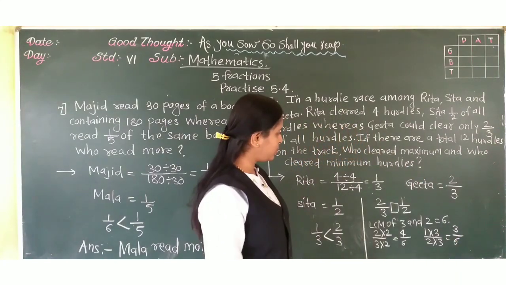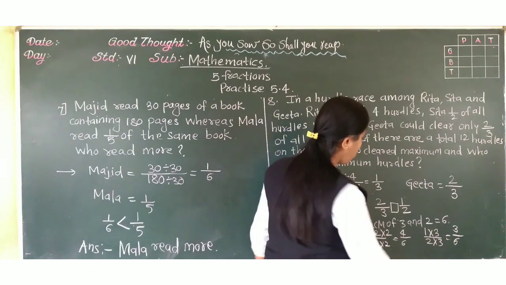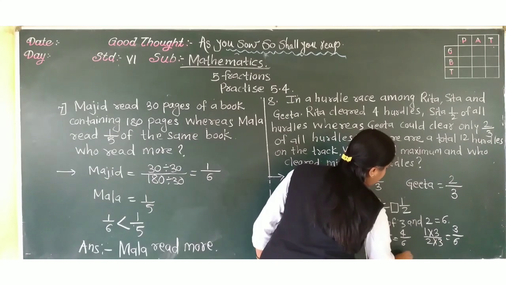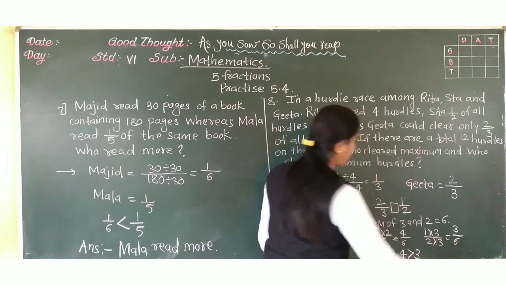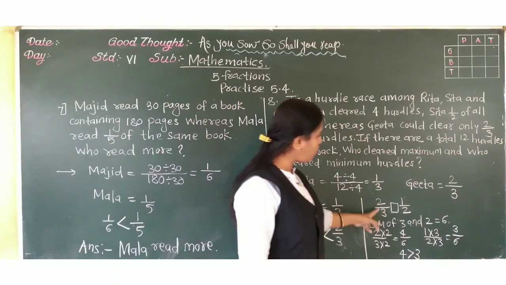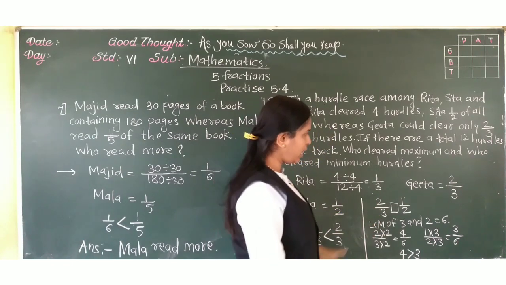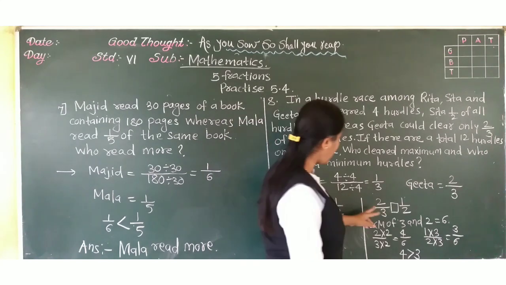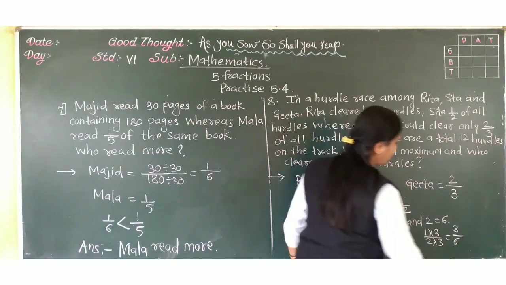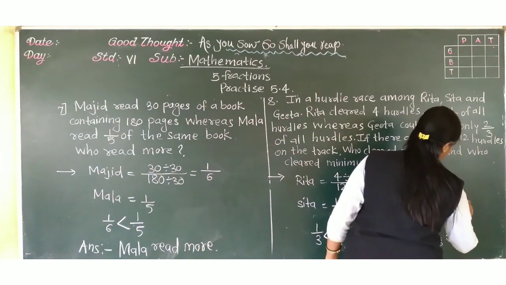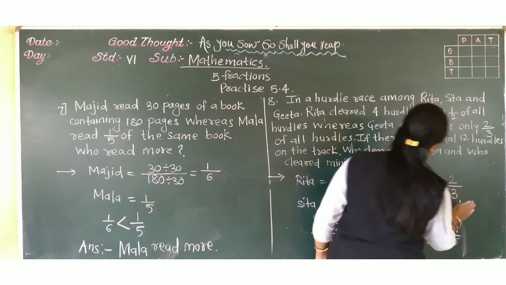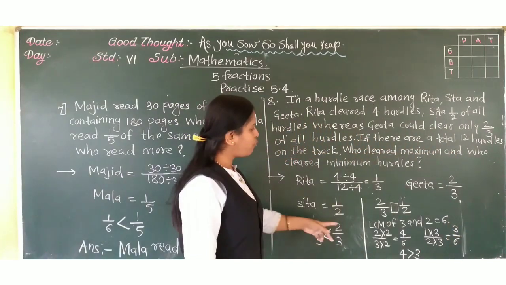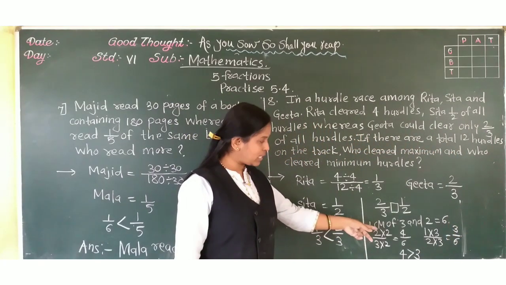Now compare. Who is greater? 4 is greater than 3. Correct? That means which? 2 upon 3 is greater. Correct? 2 upon 3 is greater than 1 upon 2. So, 4 upon 6 is greater than 3 upon 6.